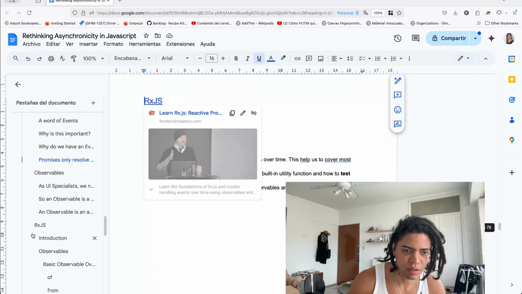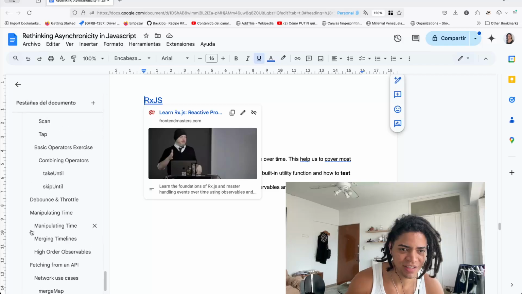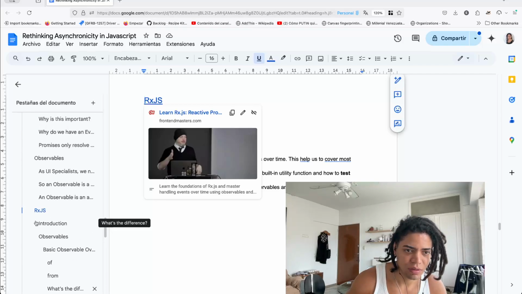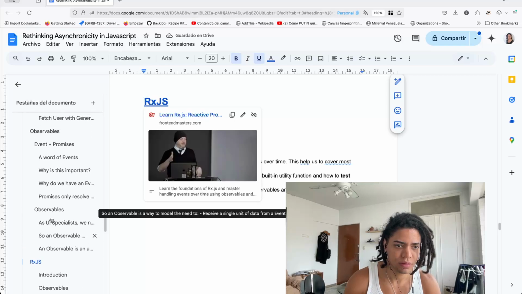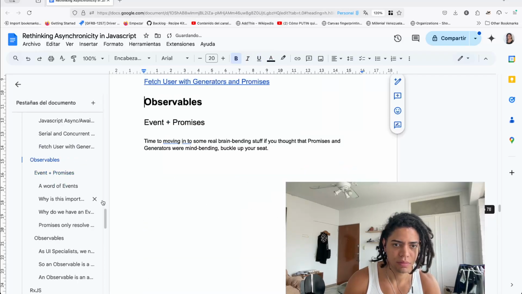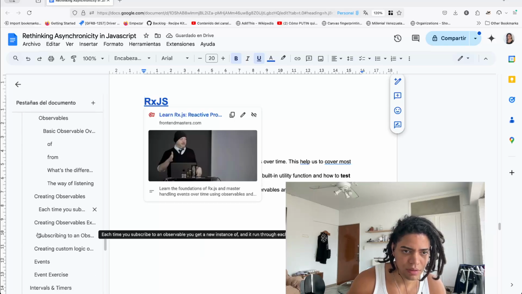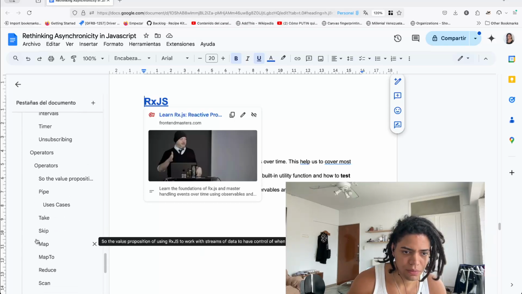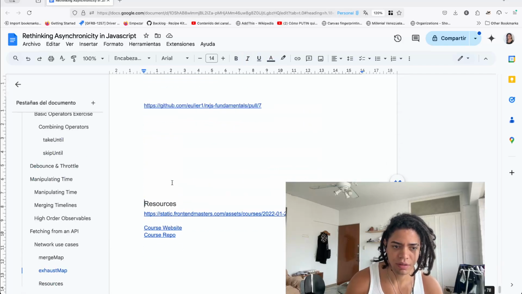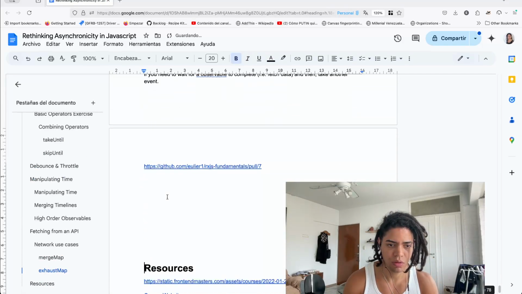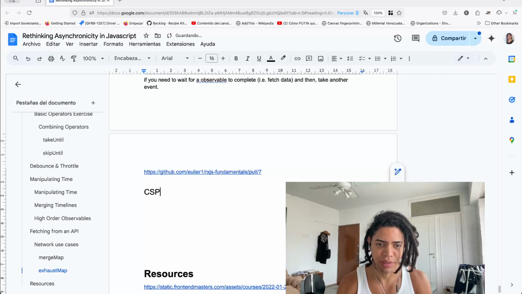Here we are, RxJS. And finally, to this one, which is CSP.